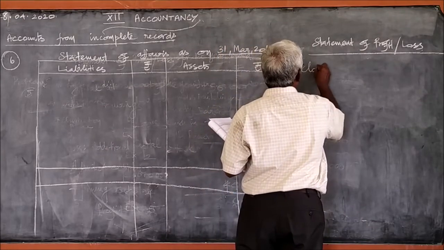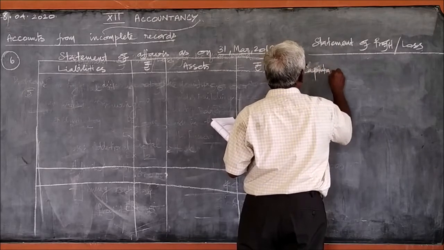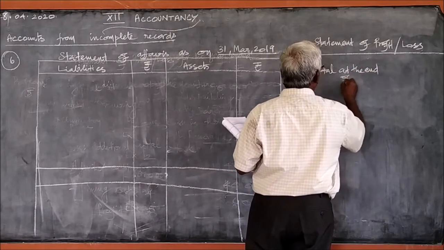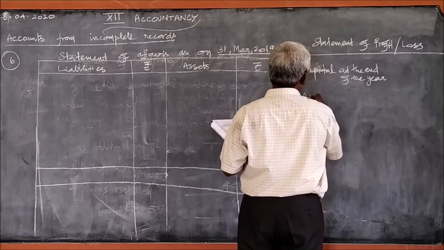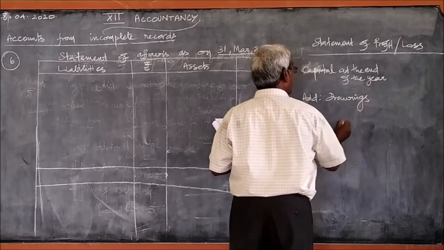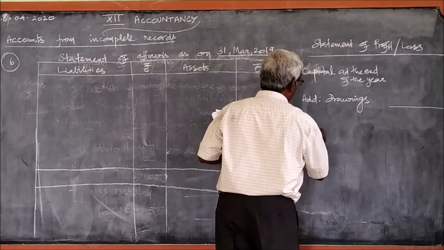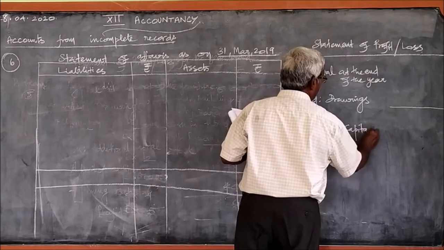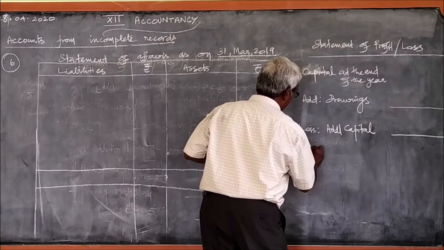What? That is capital at the end. At the end of the year, add drawings. Less additional capital, we will get an answer which is called adjusted capital.